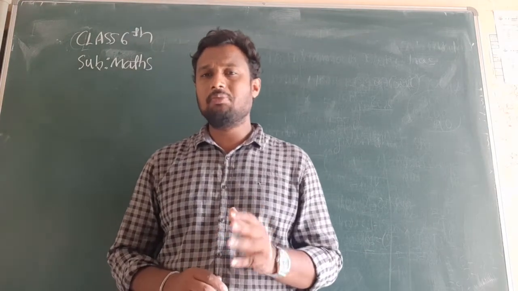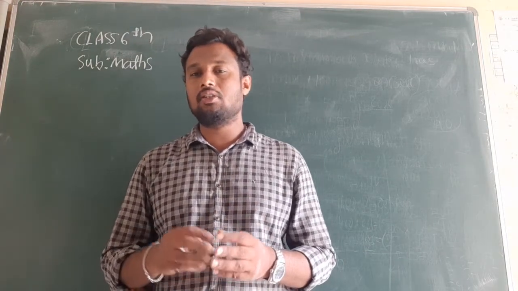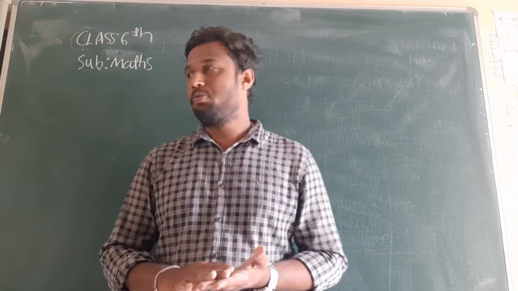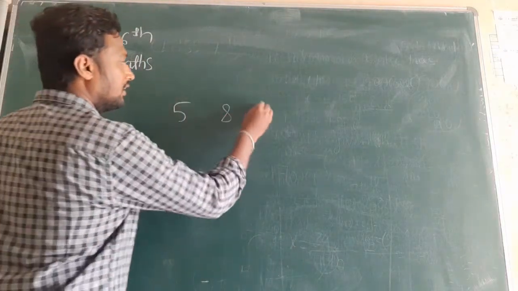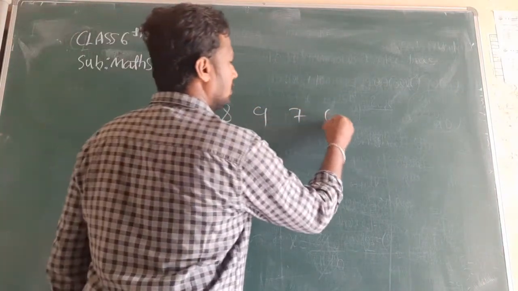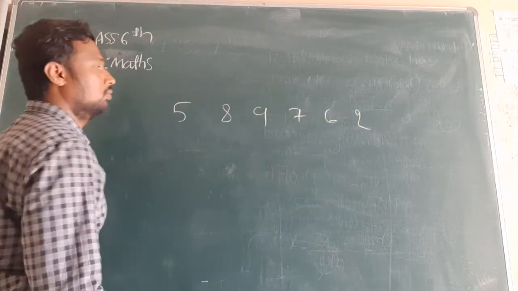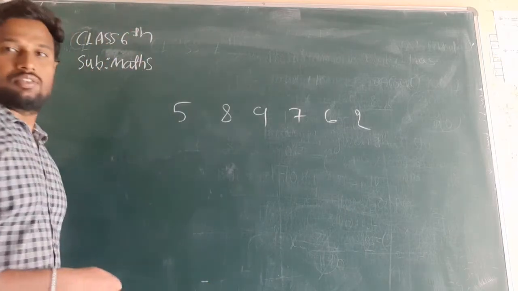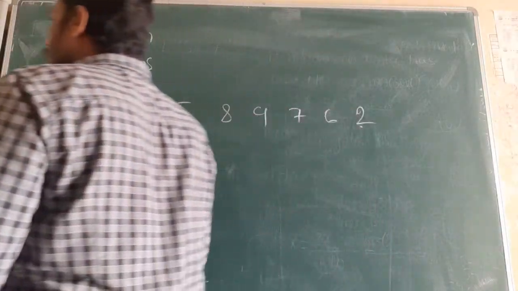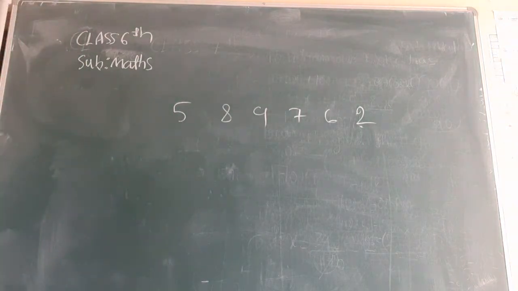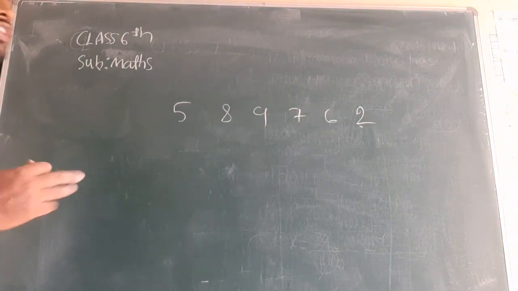What is the meaning of arranging these numbers in some order? Suppose I write here 5, 8, 9, 7, 6, 2. You can see these are numbers I have written randomly. There is no particular order or arrangement.